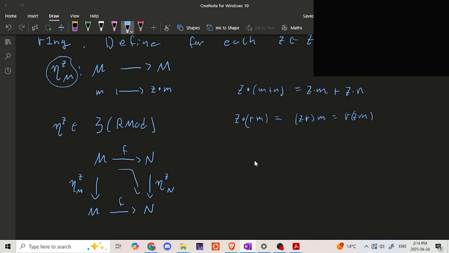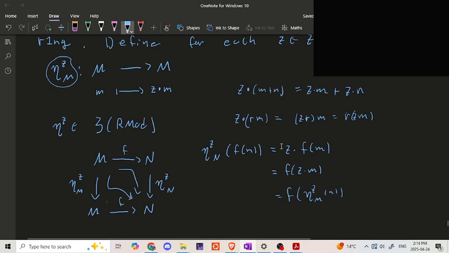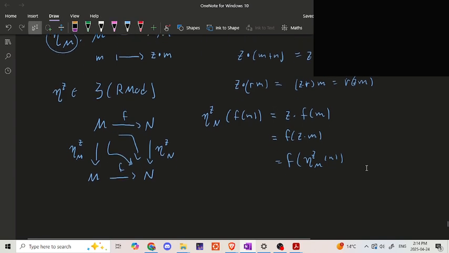Going around this way first, we have eta zn composed with f of m. Well, eta zm simply has you multiply by z, but f was assumed to be a module homomorphism, so that means we can pull the action inside. And sure enough, this is simply f of eta zm applied to m, and therefore the commuting of this diagram is verified. So it really does land where I say it lands.